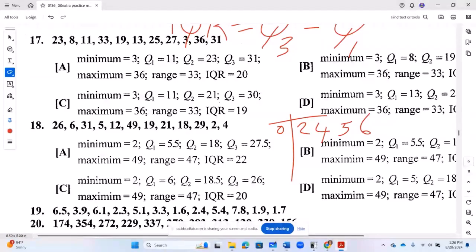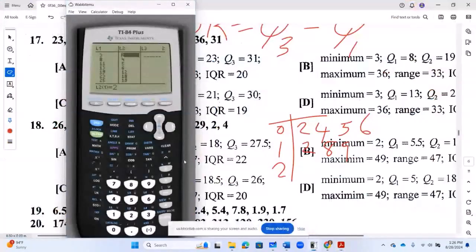And then I come to 1. I have 12 there. So 1, 2, 1, 8, 1, 9. Then I go to 2. I'm going to go to my calculator again and keep on. Remember, if you're doing a stem and leaf plot, you have to organize your data.